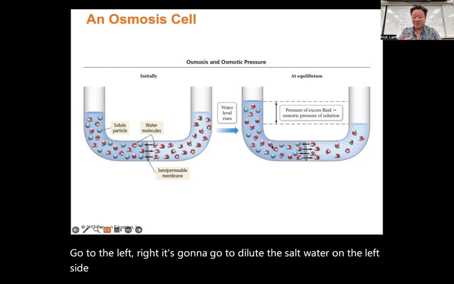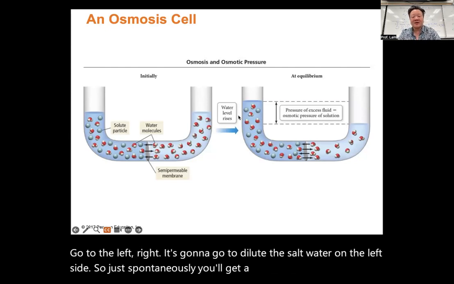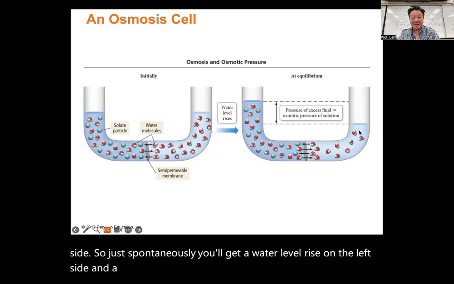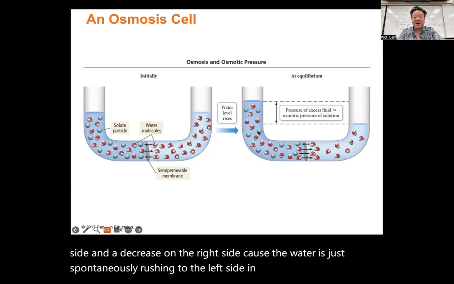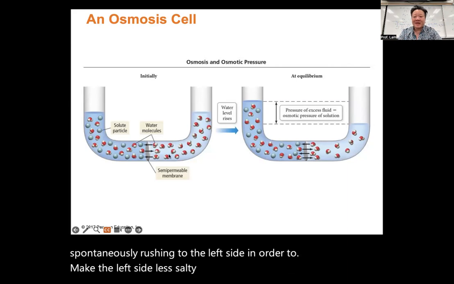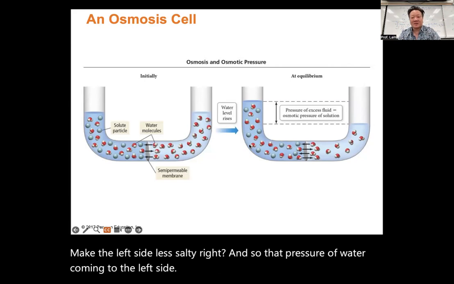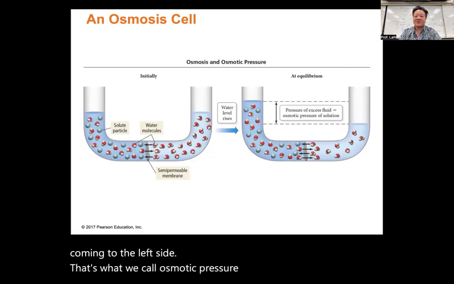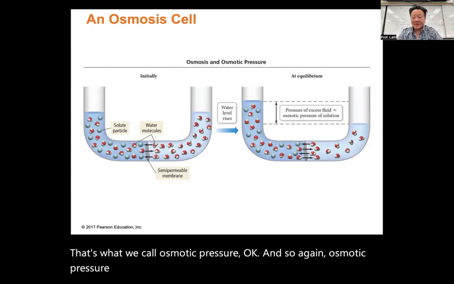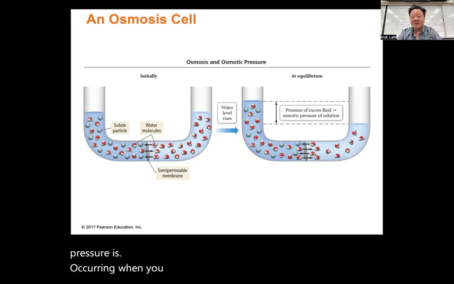So just spontaneously, you'll get a water level rise on the left side and a decrease on the right side, because the water is rushing to the left side in order to make it less salty, right? And that pressure of water coming to the left side, that's what we call osmotic pressure. So again, osmotic pressure occurs when you have two different concentrations of solutions separated by a semi-permeable membrane.